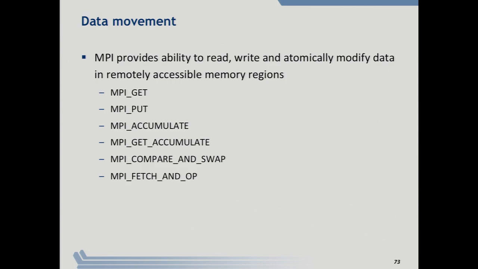So maybe the easiest one to explain is fetch_and_op. If I wanted to maintain a remote counter, and I want to be able to update that counter, then what I need to do is get the current value of that counter and then add 1 to it. I can't do that with an accumulate and a get, or a get and an accumulate, because remember, they're non-blocking.